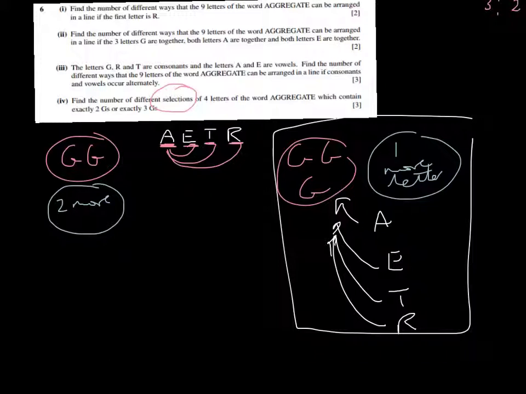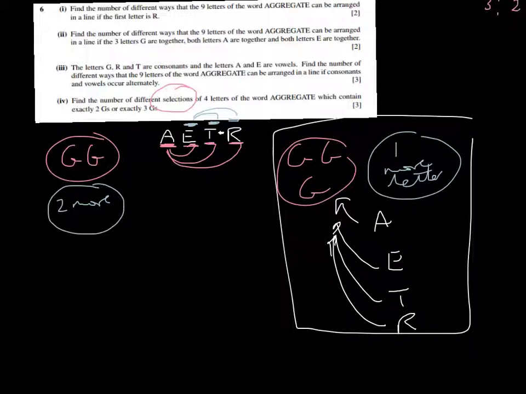And then you go to the E, and the E can go with itself because there's 2 E's. The E can also go with the T, and the E can also go with the R there. And then that leaves you with the T, this last one here. The T can't go with itself because there's only 1 T, so all that's left is that T can go with that R there.